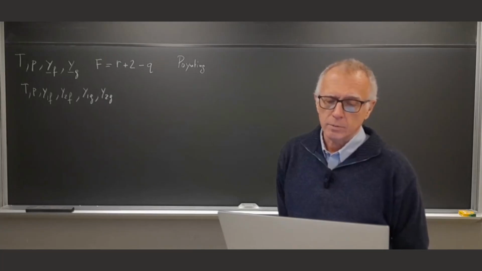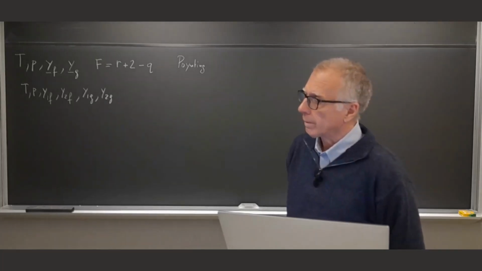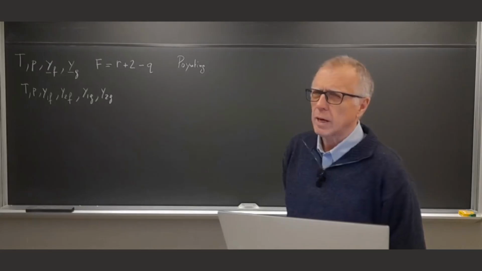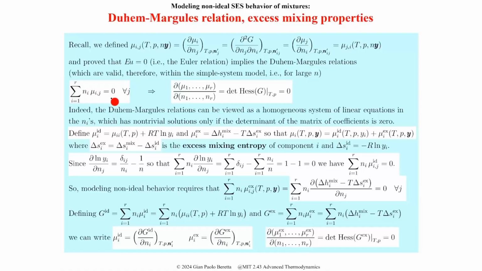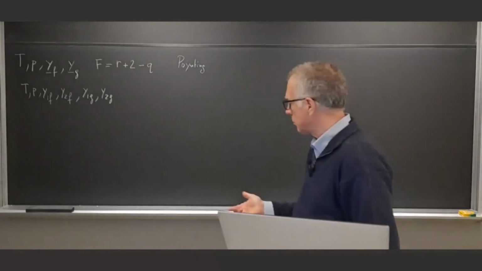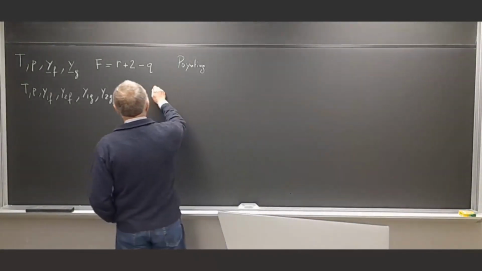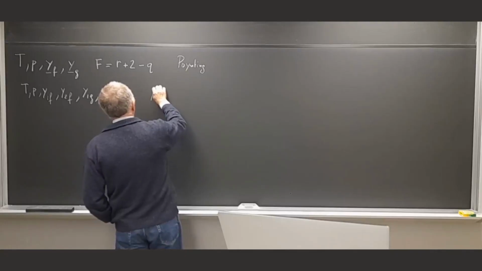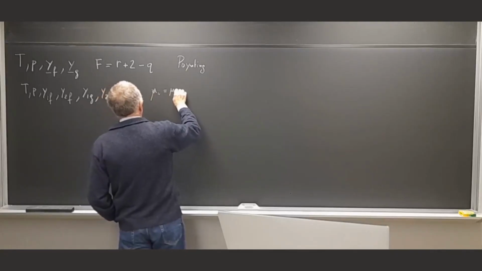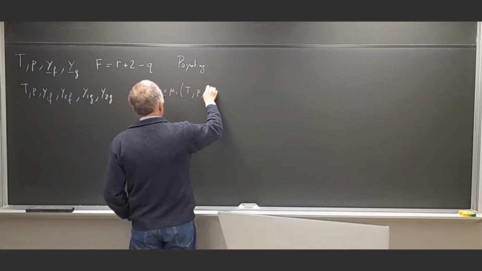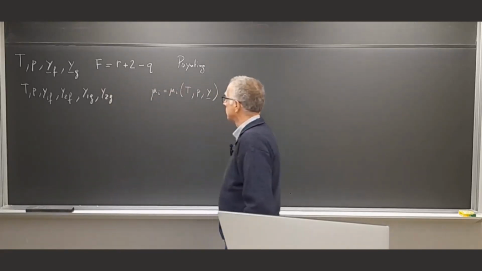Why is it important? Because it imposes rules about the interrelations that must exist. You see, this is a system of equations. It's not just one. There is one for every component. When you want to model properties of substances, you have to come up with correlations for these functions.